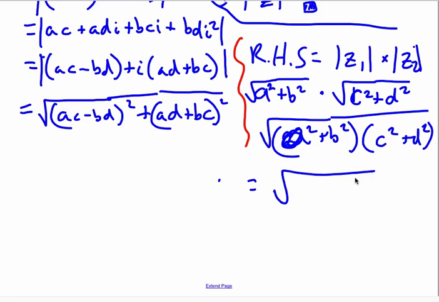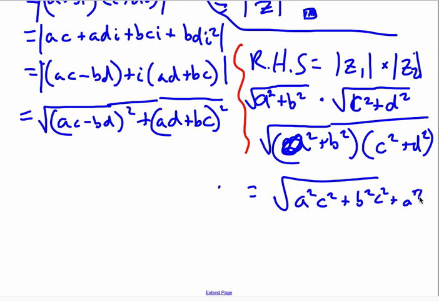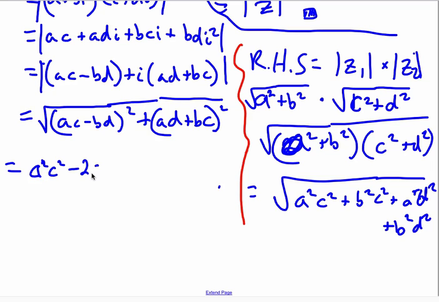So let's distribute this. We're going to get root a squared c squared plus b squared c squared plus a squared d squared plus b squared d squared. Sorry, I messed that up there. And then over here, with this one right here, this is going to be a squared c squared minus 2abcd plus b squared d squared.